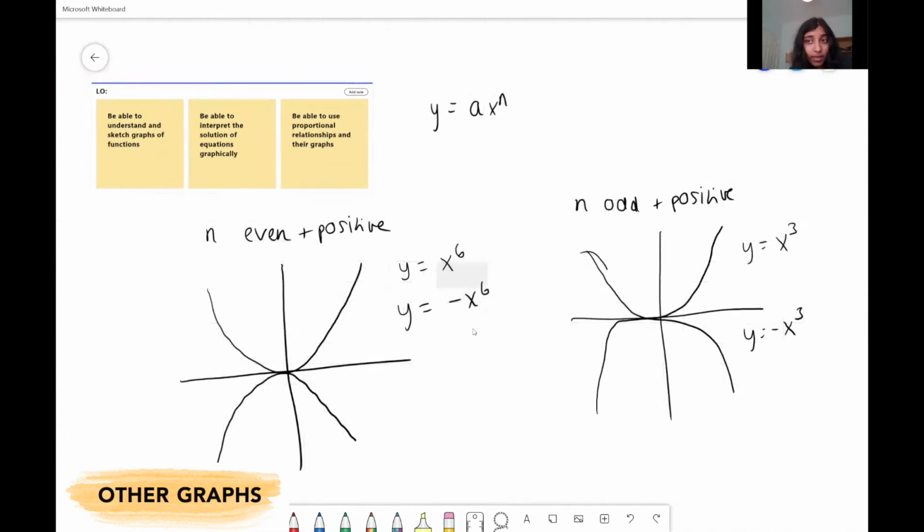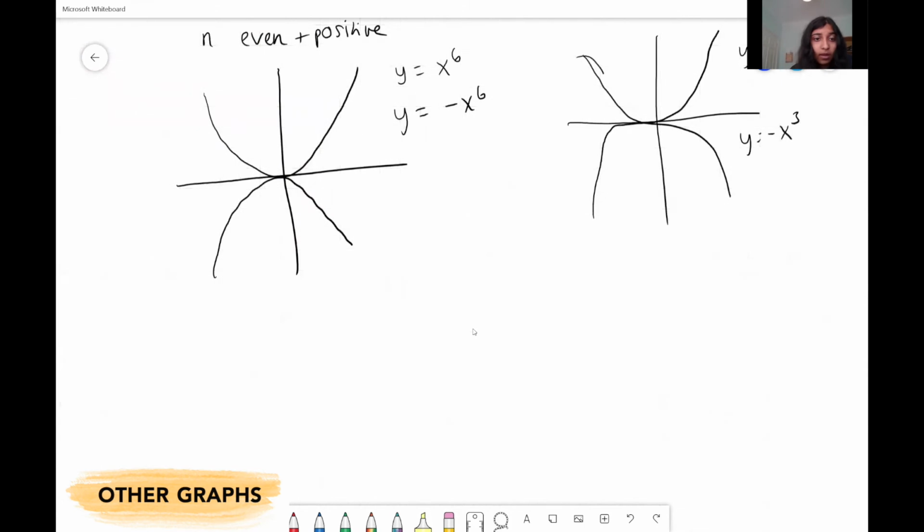That makes sense. So another version, if n is even but negative, so let's say you had y equal to x to the power of minus 2, and then if you remember indices, that should equal y equals 1 over x to the power of 2.